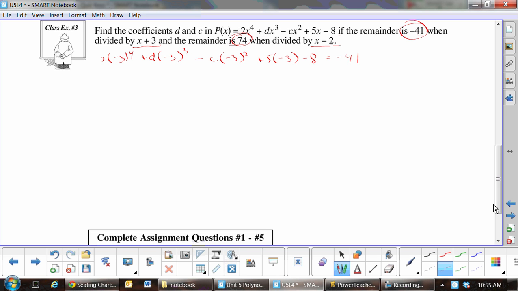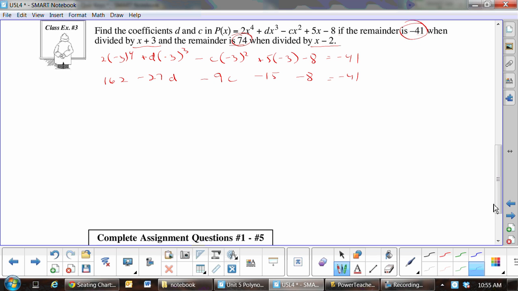Okay, so if you add this entire side up, okay, this is 162 minus 27d minus 9c minus 15 minus 8 equals negative 41.